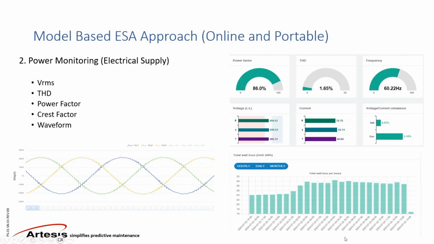Additionally, you will actually see the total energy consumption, not just the efficiency related part, but the consumption hourly, daily, monthly. So, which assets are consuming the most energy and what is the total watt, again, on a monthly, daily, or hourly basis.